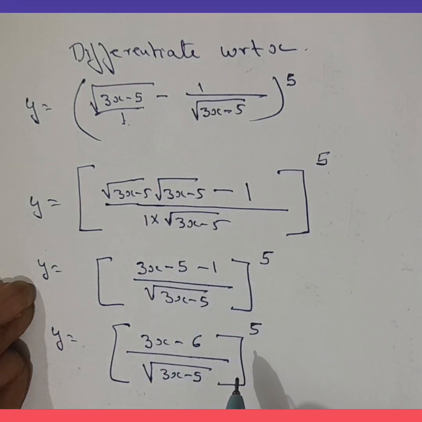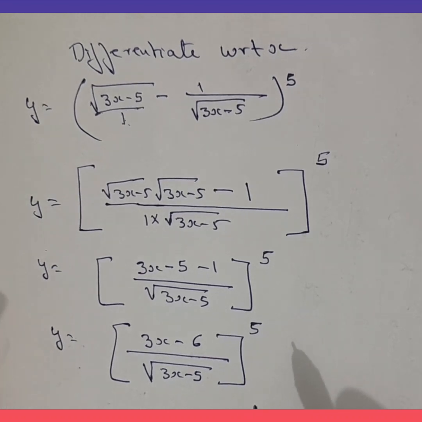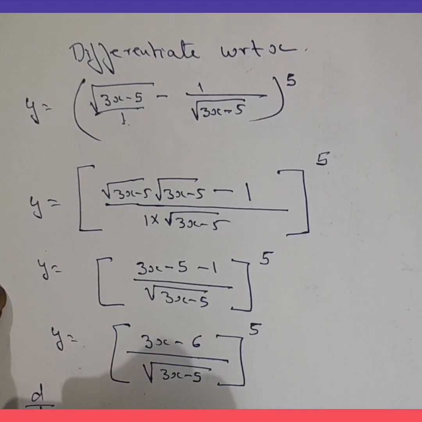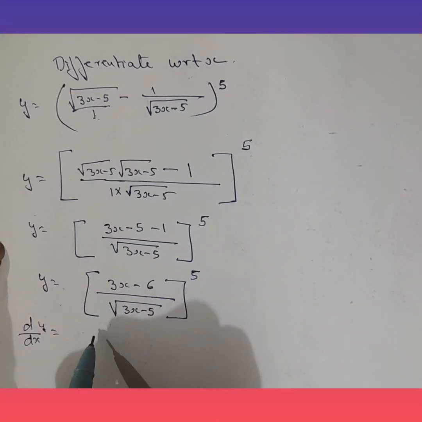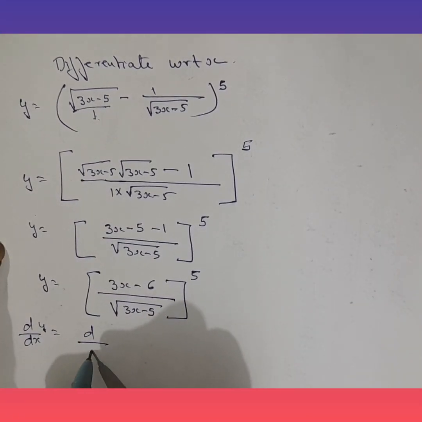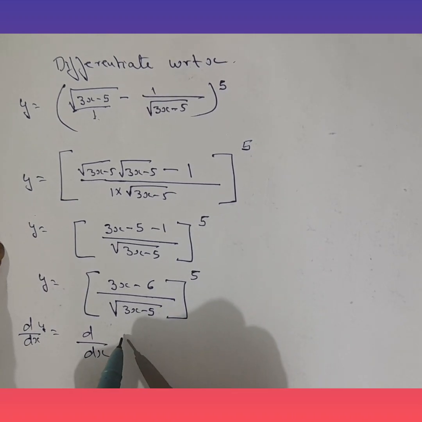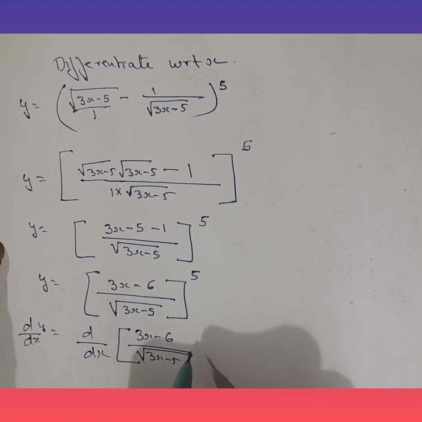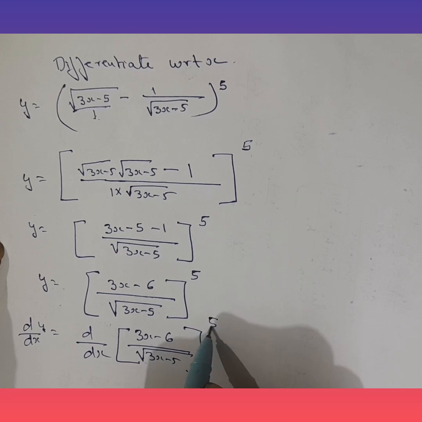Now if I say dy/dx, you have got to do d by dx of y, that is d by dx of 3x minus 6 upon root 3x minus 5 raised to 5.